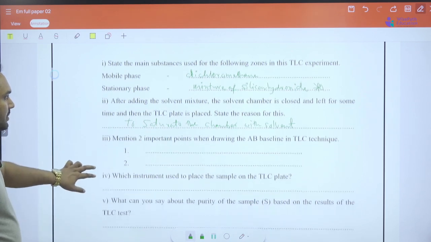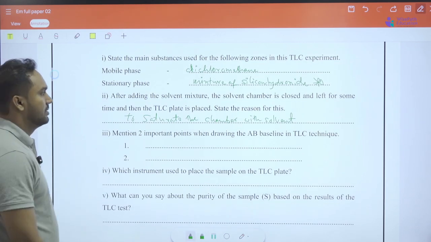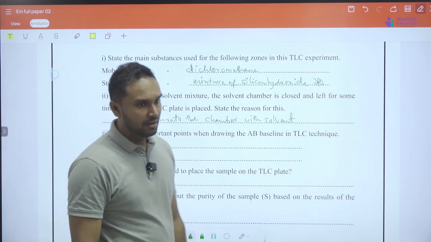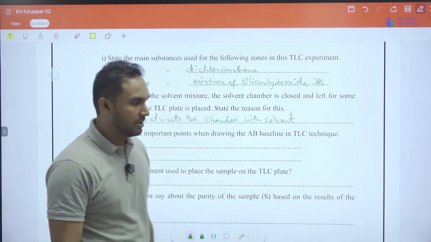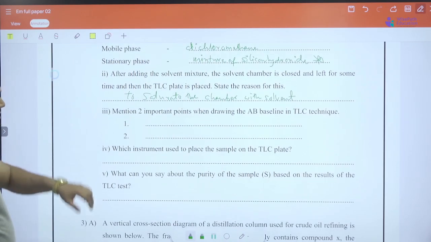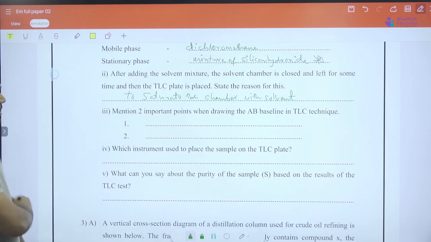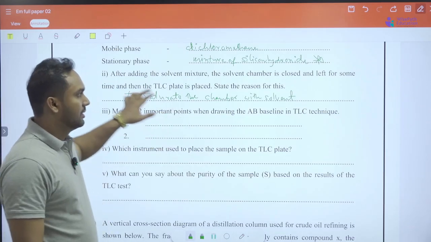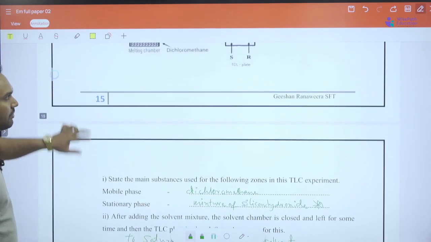So if you can't remember these, put a note. This is thin layer chromatography, preparation and the methods, results, everything. Mention 2 important points when drawing the AB baseline in TLC technique. So what do you do when you are drawing the baseline?